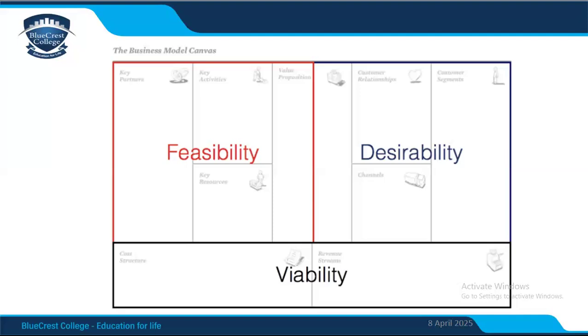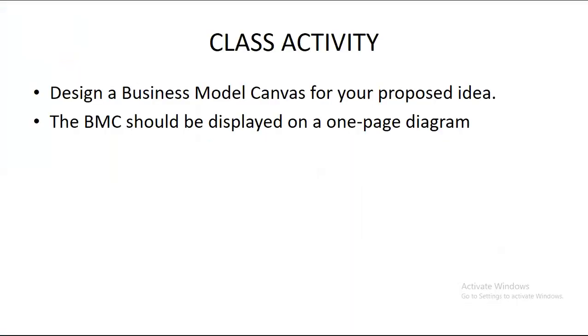So in your activity, I want you to design a business model canvas for your proposed idea. The ideas we discussed in class, we selected one for each group. So for each group, the idea that was selected is what you would design a business model canvas for, right?